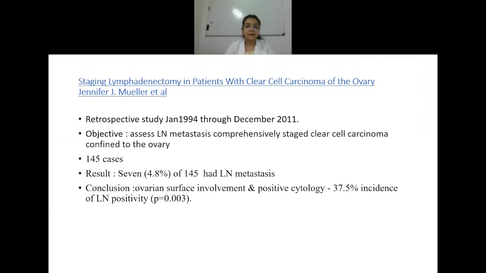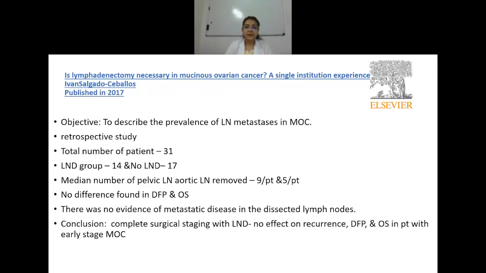Now there was another study to assess lymph node metastasis in clear cell carcinoma. 145 cases were included, and the conclusion was that in cases where ovarian surface involvement and positive cytology were present, there is a 37.5% incidence of lymph node positivity with a p-value of 0.003. This study was done to assess lymph node dissection in mucinous ovarian cancers.